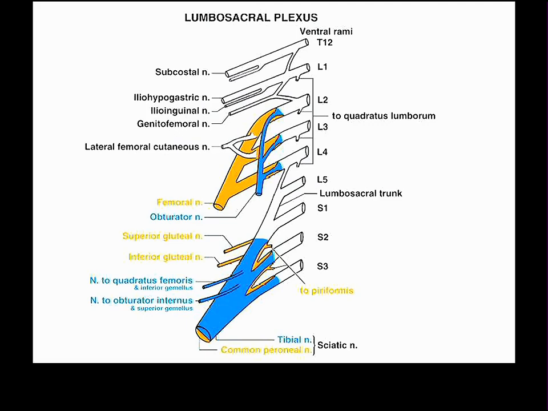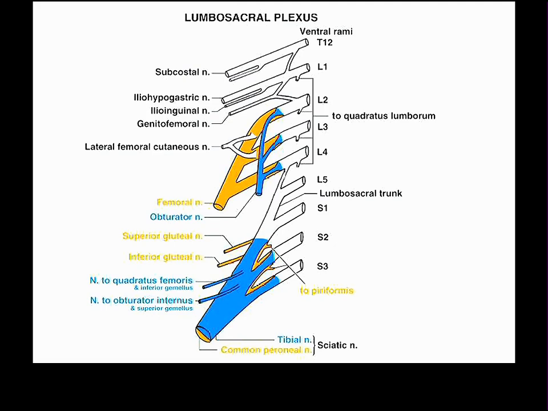What you do need to know in terms of a lumbosacral plexus is that it's really two plexuses, the lumbar plexus and the sacral plexus. Lumbar from L2, 3, 4, sacral from L5, S1, S2, S3, with only one little thing joining them.